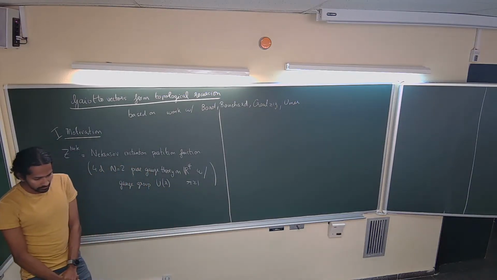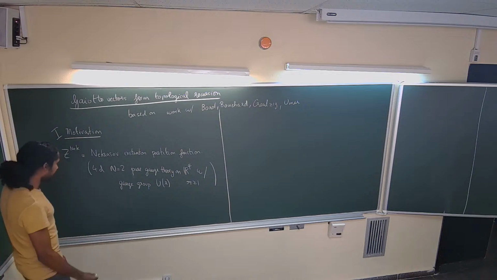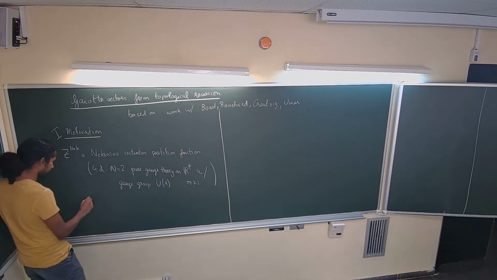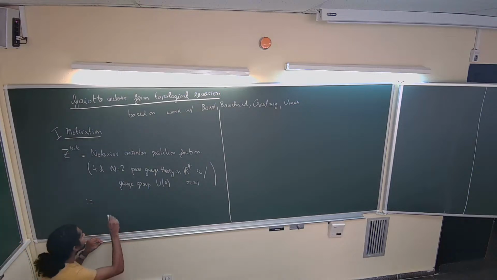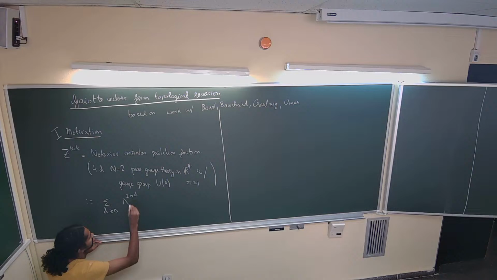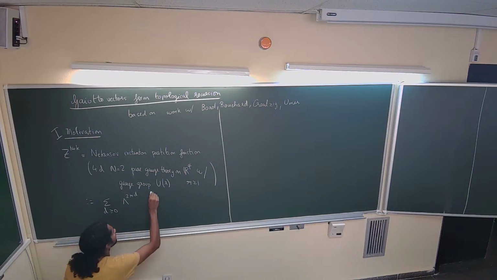All right, so what is the definition? This is a quick definition for the moment, I'll say a little more later. It's basically an integral over the moduli space of instantons.